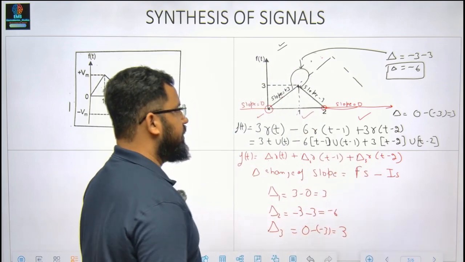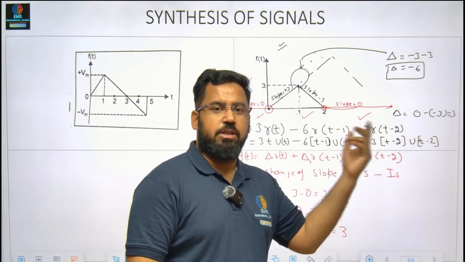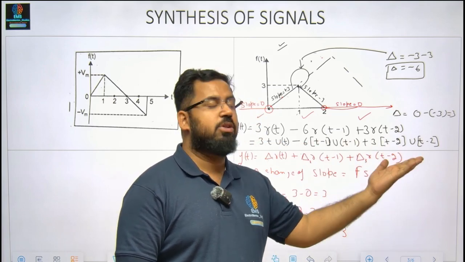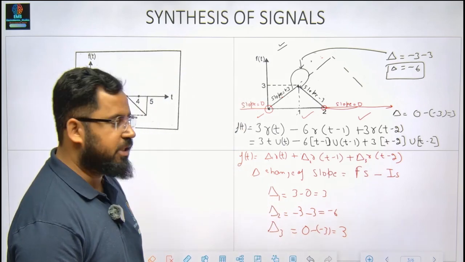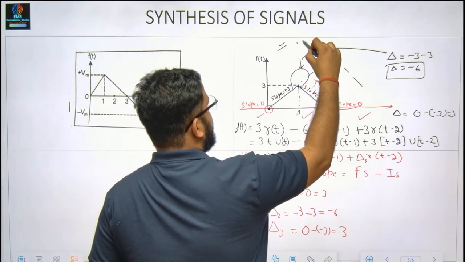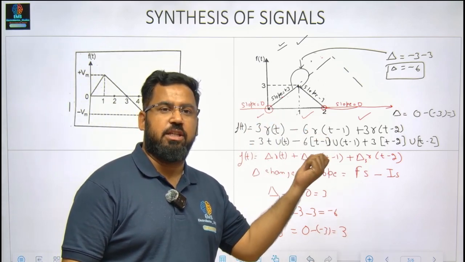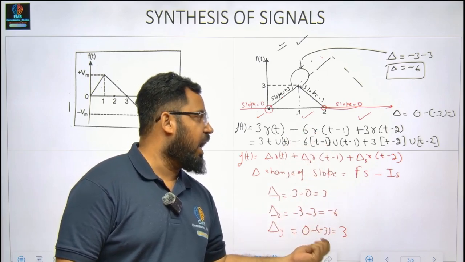And further you can simplify it, that is in your hand. Just open this (t minus 1) bracket, open this (t minus 2) bracket, solve it and write down the simplest equation. So this is how we do a synthesis of the signal in r(t).